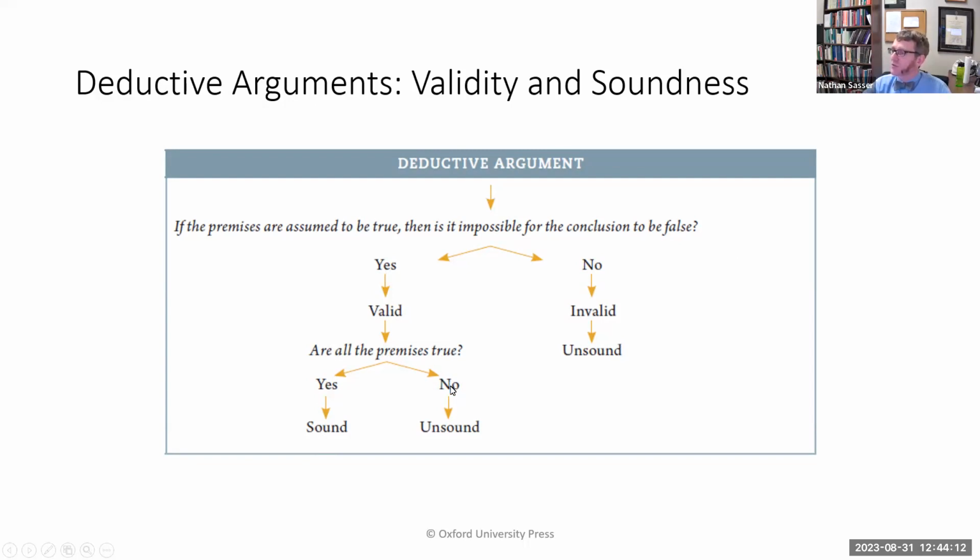If the answer is, well, at least one of them is false, then it's unsound. Now, on the other hand, if we've gone back to the beginning and we determined, you know what, those premises don't even necessitate that the conclusion be true. Do not pass go, do not collect $200. That's a reference from Monopoly, by the way, if you've ever played Monopoly. The argument is invalid, and it's therefore unsound.